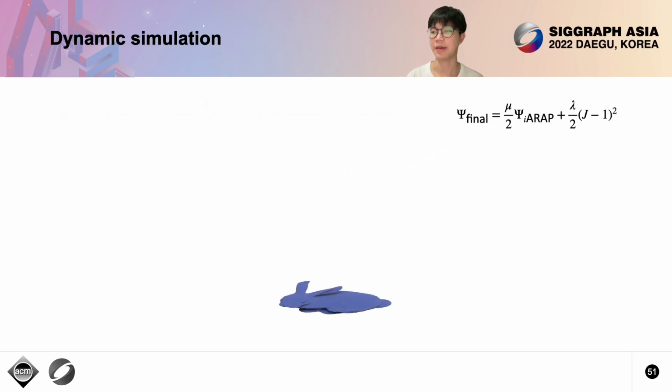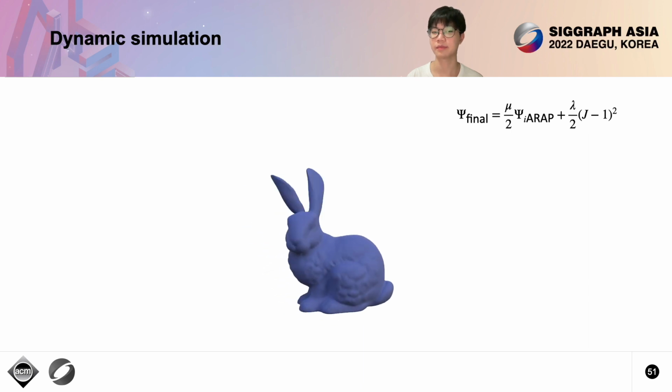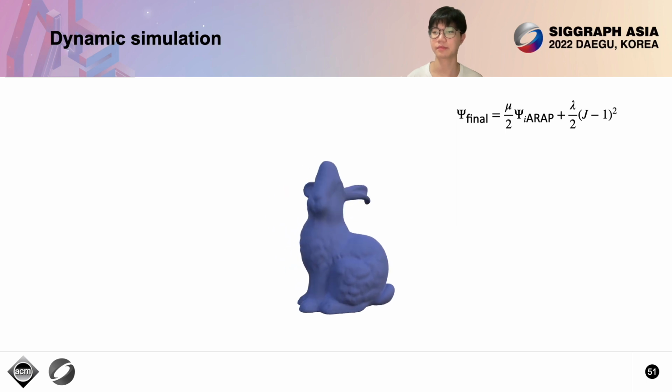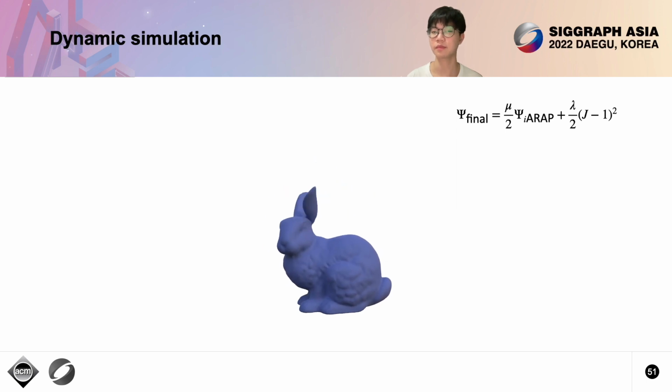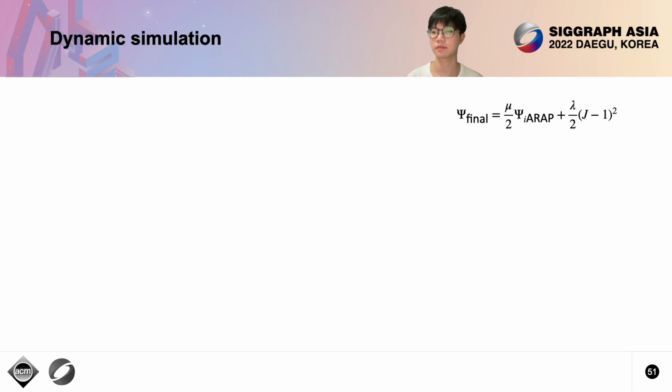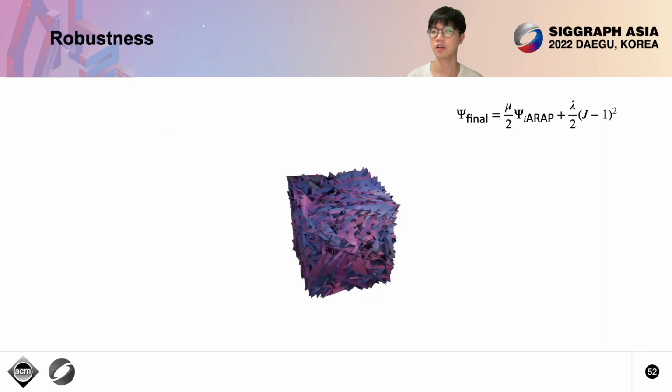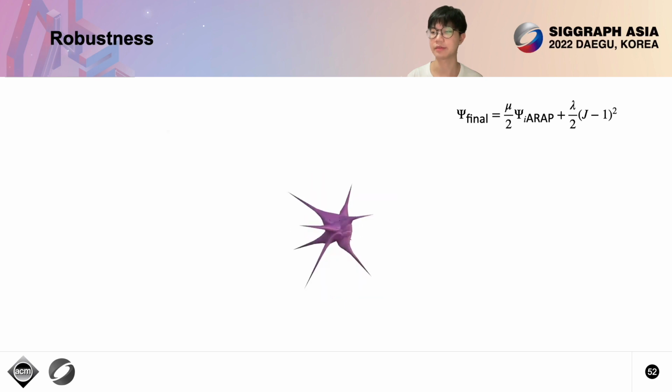Here we show the dynamic simulation by compressing and pulling a bunny. To show the robustness of our method, we perform a scramble test by randomly placing the vertices in space and then recovering it.